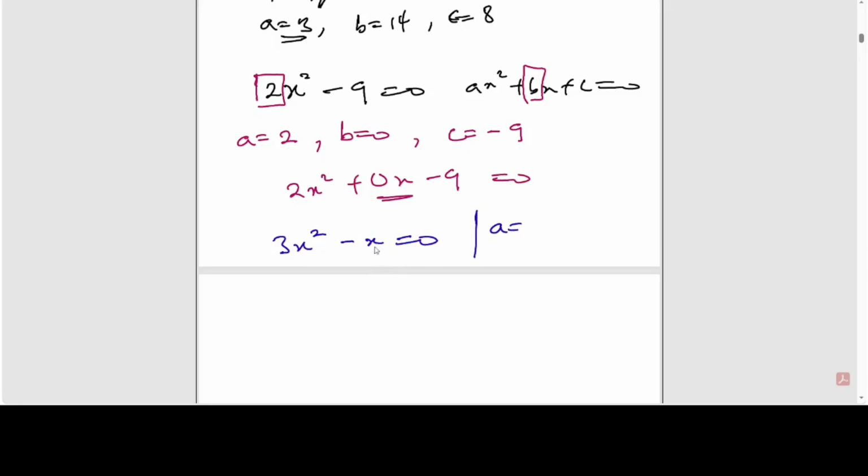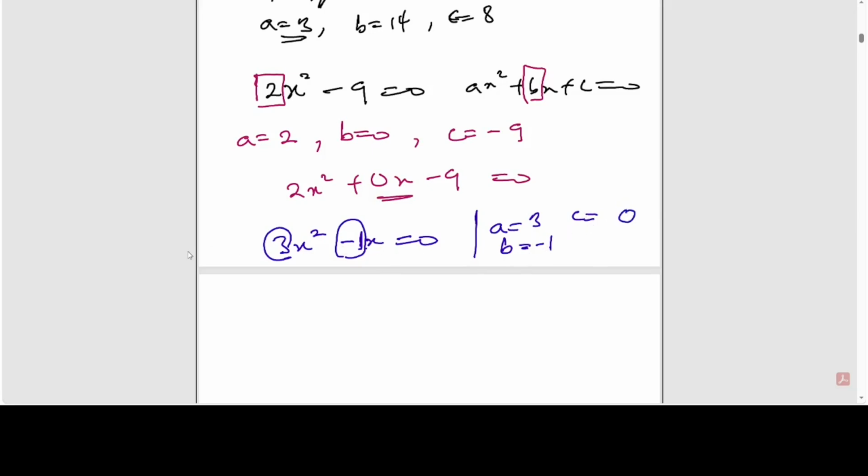A is the coefficient of x squared, and that is 3. So a is equal to 3. B is the coefficient of x. So we find x here. The coefficient, 1, we don't write, but it's negative 1. So we include the negative and it becomes negative 1. C is a constant term that doesn't multiply x, and we don't have such a thing in our equation. So c is equal to 0.